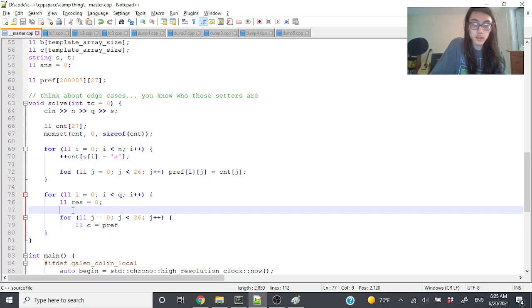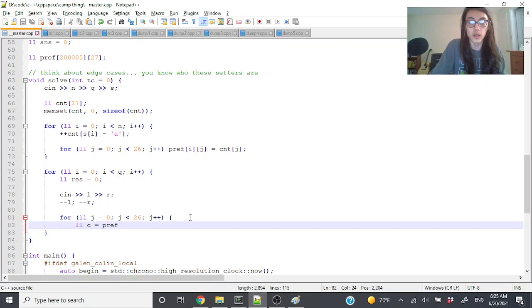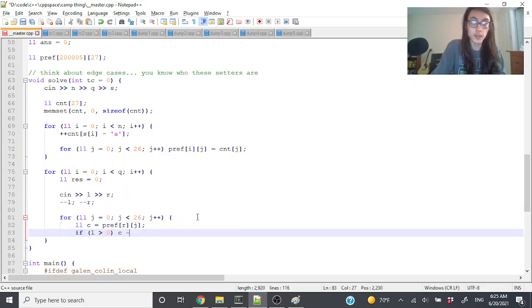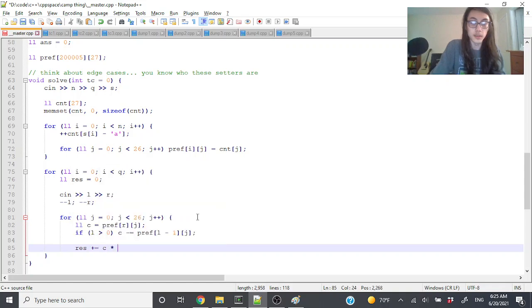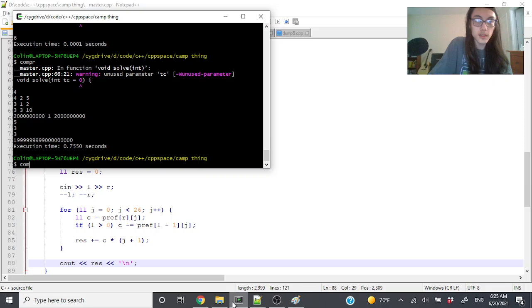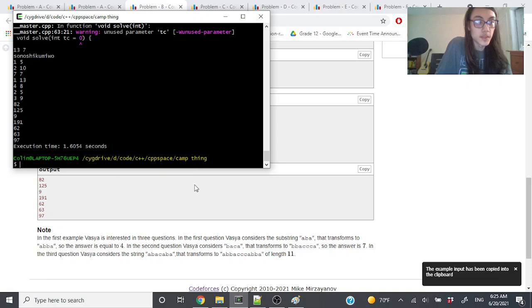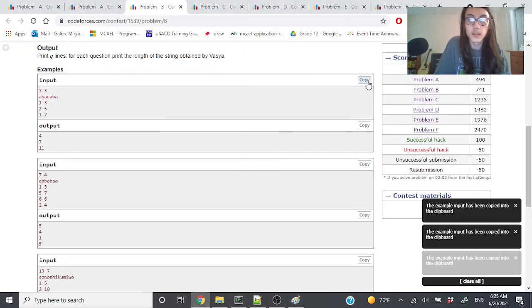So it's prefix. RJ. If L is greater than 0, C minus equals prefix L minus 1, J. Res plus equals C times J plus 1. Okay, so this is, if I understand it right, which I hope I do, should be very standard. Yep, it's just using prefix sums to count the occurrences of every character.